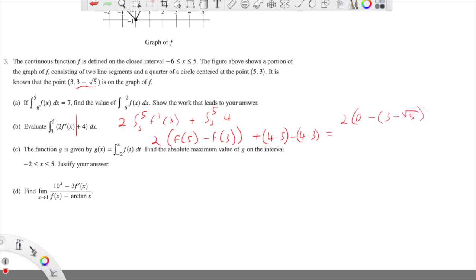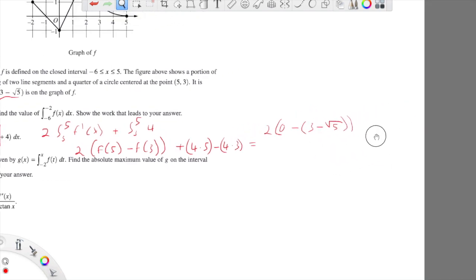Make sure to use parentheses. And then plus 20 minus 12, right, which is going to be plus 8. And so that's going to be negative 6 plus 2 root 5 plus 8, which is going to give us 2 plus 2 root 5.